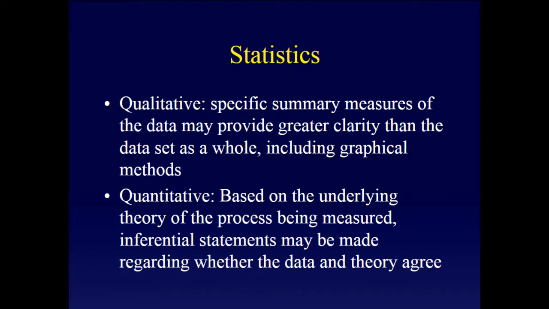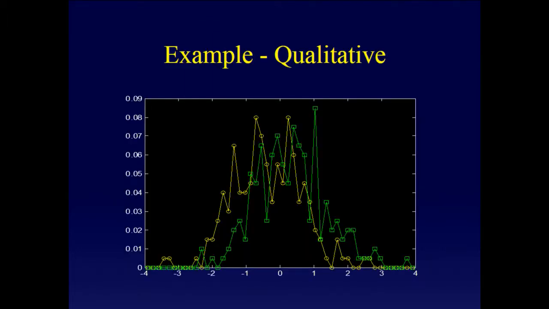I like to think of statistics as occurring in two potential groups: qualitative statistics and quantitative statistics. There are other ways of thinking about this, but I think this summarizes it nicely. Qualitative statistics are not really used to do hypothesis testing, but to get a sense of what your data looks like.